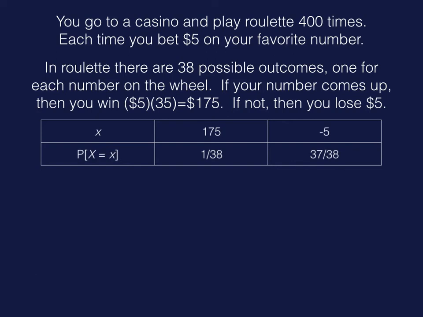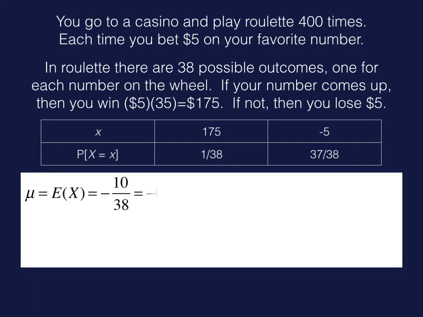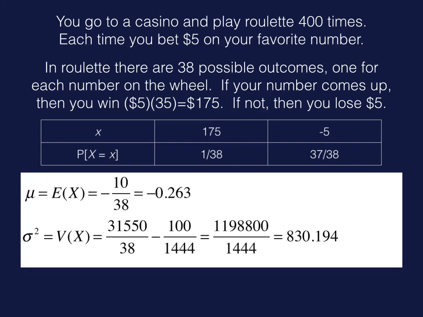And when you bet in roulette, if you win on a number bet, you actually win 35 times your bet. So if you win, you're going to win $175. However, if you lose, then you lose the $5 bet that you made. So this is a fairly simple calculation. Let's find the expected value and the variance of this distribution.